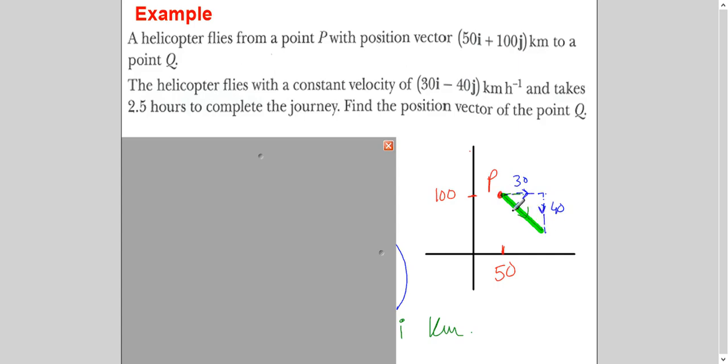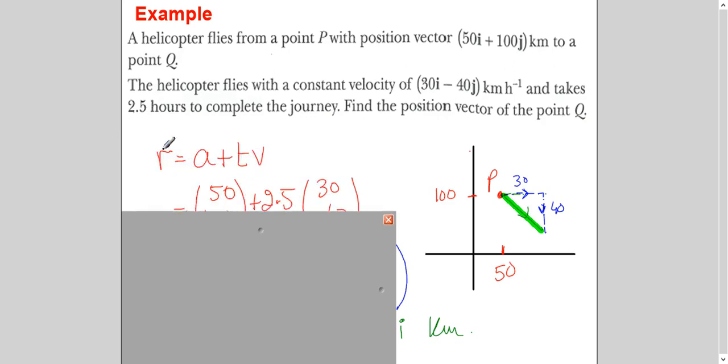So it was here going in this direction and takes 2.5 hours to complete the journey to reach point Q. So we will apply the same concept we have seen. r is equal to a plus tv. Old position plus time times velocity.